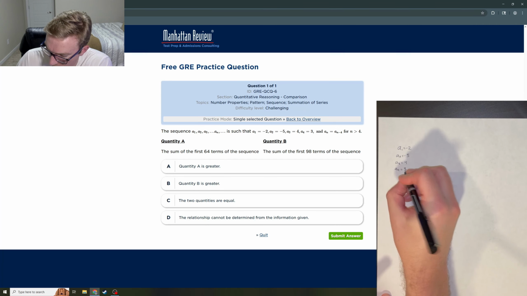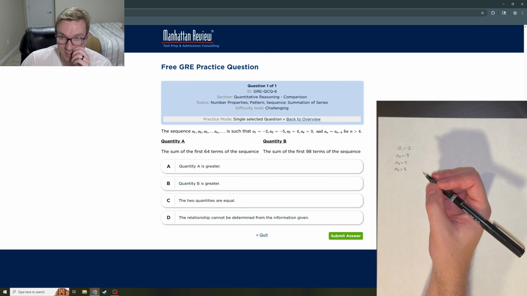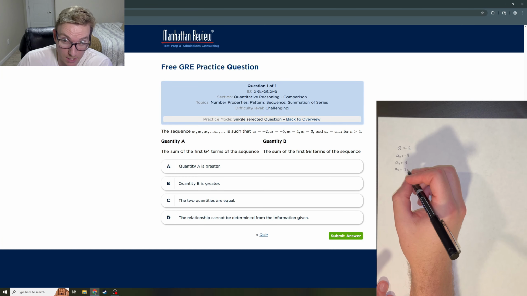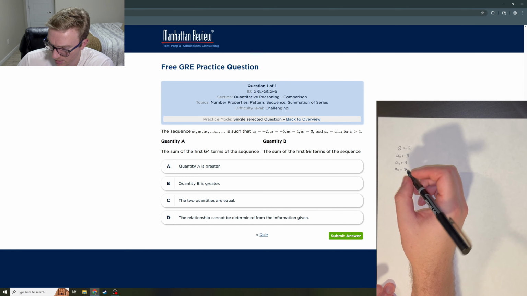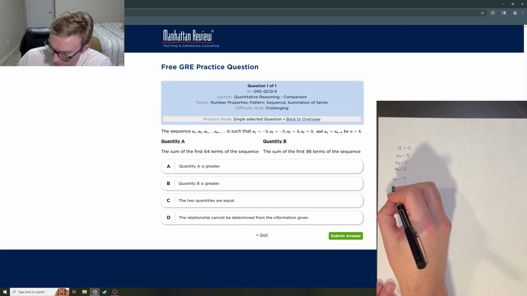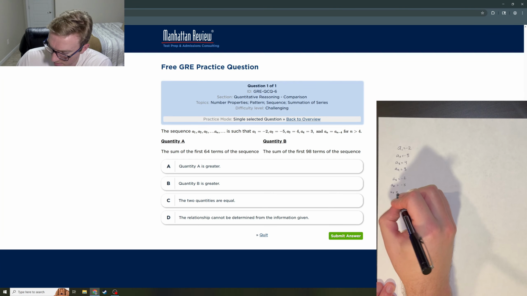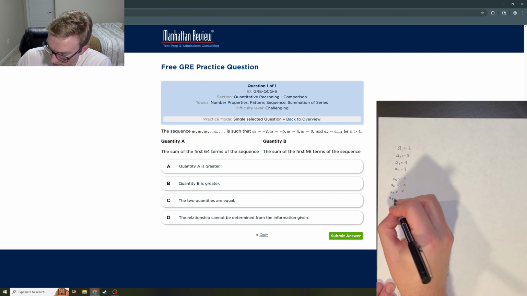A4 is 3. And then it says AN equals AN minus 4 for n bigger than 4. I think they're trying to hide you here. Basically, A5 would be A1, so it repeats. A5 is minus 2. A6 is minus 5. A7 is 4. A8 is 3.